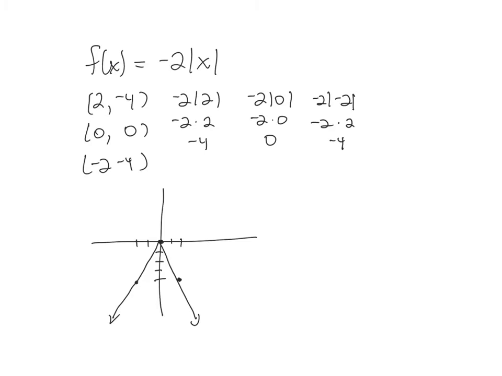Okay, so two things happened on this one. If we go all the way back to, well, it went down instead of up. So when we talk about our transformations, one of them is I have a reflection over the x-axis.